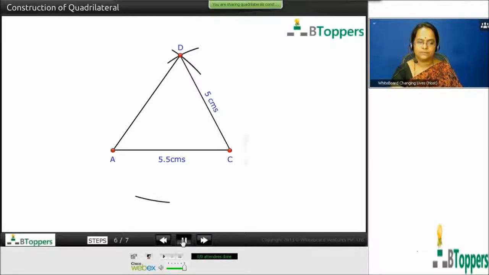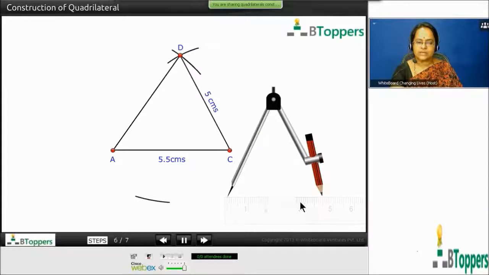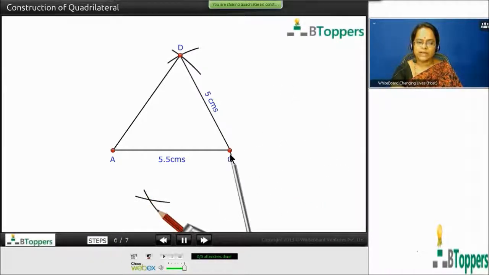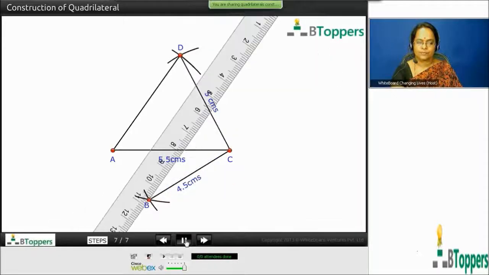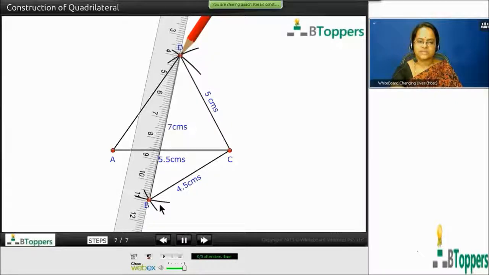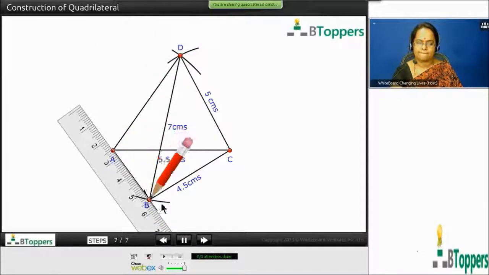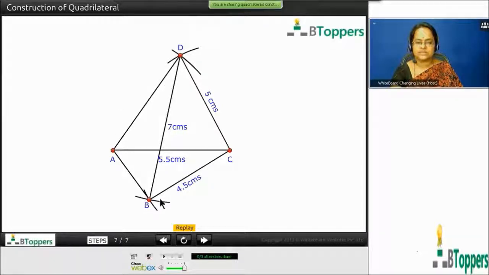Okay, then taking radius equal to 4.5 centimeters and with center C, we cut the previous arc so that we get the intersecting point of these two arcs and name it as B. Next step would be join B to A and B to C, as well as B to D. So hence, this would be the required quadrilateral.